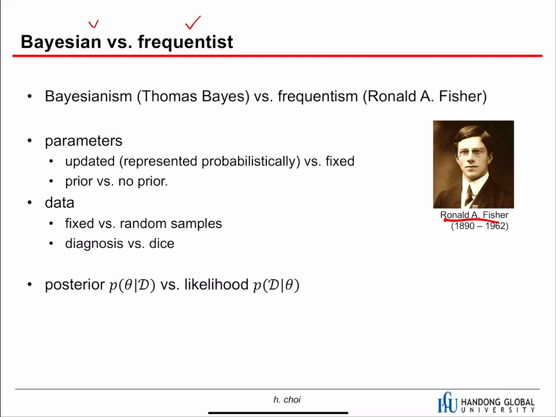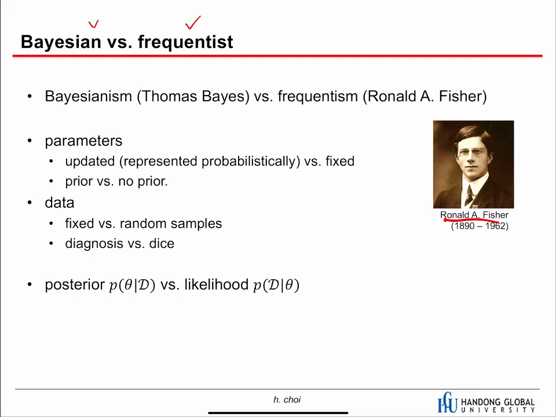But when it comes to dice or coin, the frequentist approach might be much more convenient, because there is a coin and there is a fixed parameter for the probability of head. It's fixed.